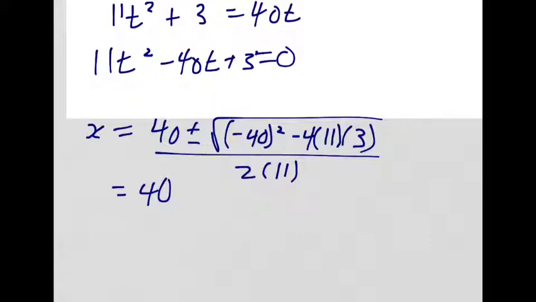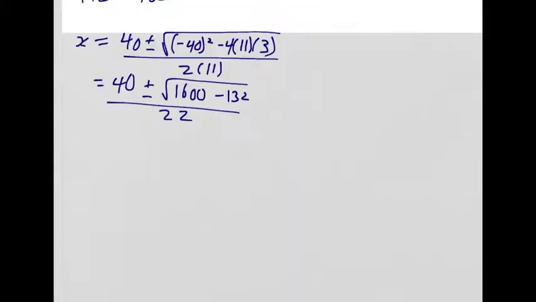Okay. So what would this be? 40 squared is 1600. And then 44 times 3 is 132. All over 22. And then from there, we go 1600 minus 132 is 1468.